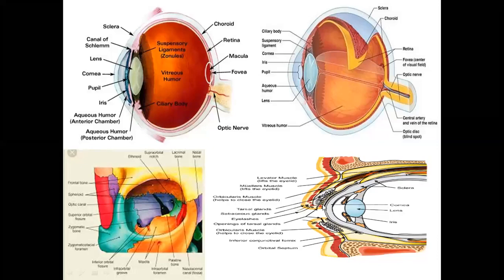Over the cornea, this very flimsy layer is called conjunctiva. It covers the sclera, and then it moves around, and this angle is called superior fornix, and then it covers the eyelid. So this is called palpebral conjunctiva. This is called the bulbar conjunctiva.